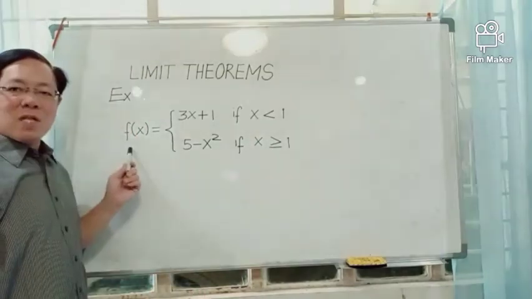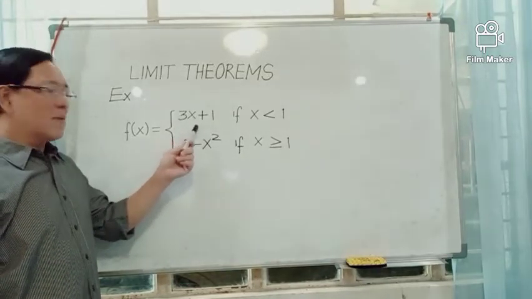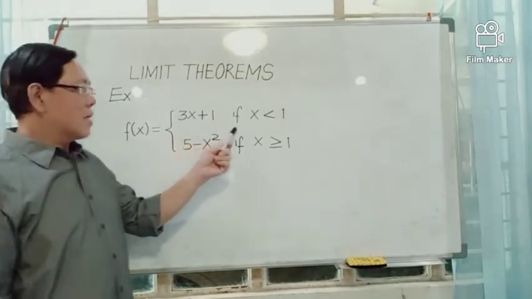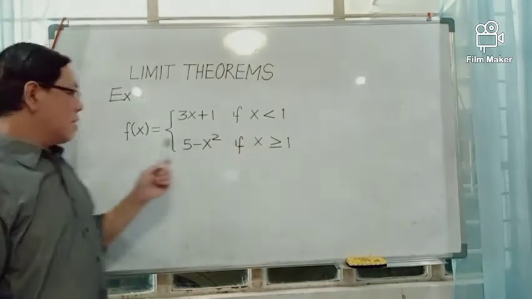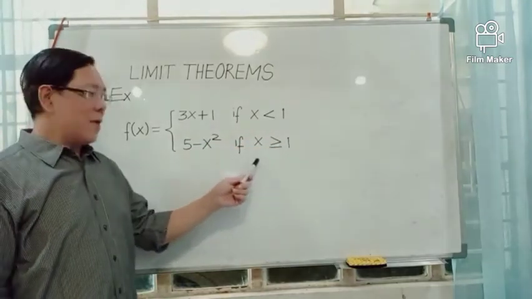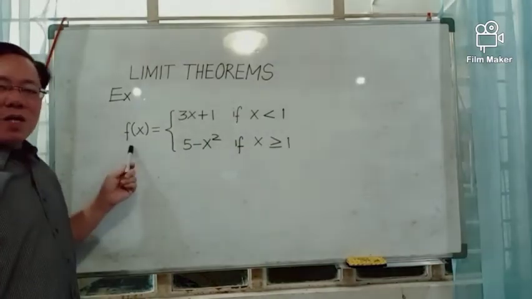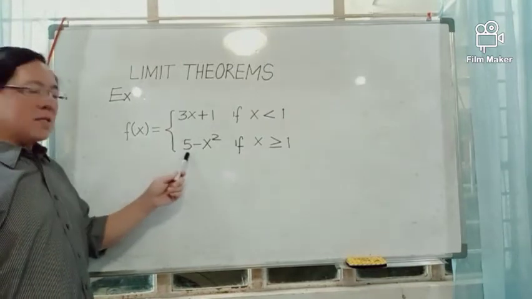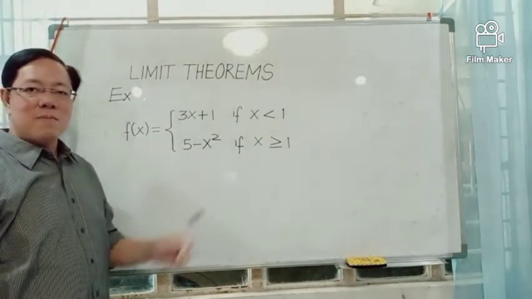We let the function f of x be equal to 3x plus 1 if the values of x are less than 1. If the values of x are greater than or equal to 1, then the value of the function is given by 5 minus x squared.